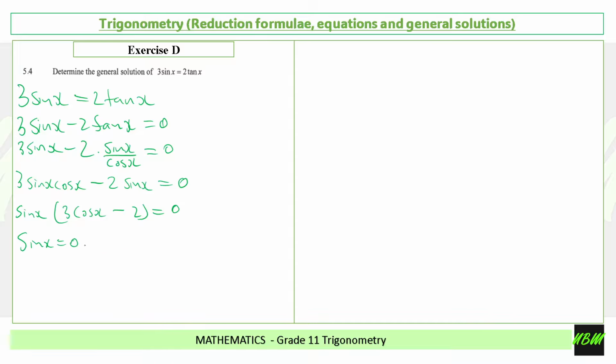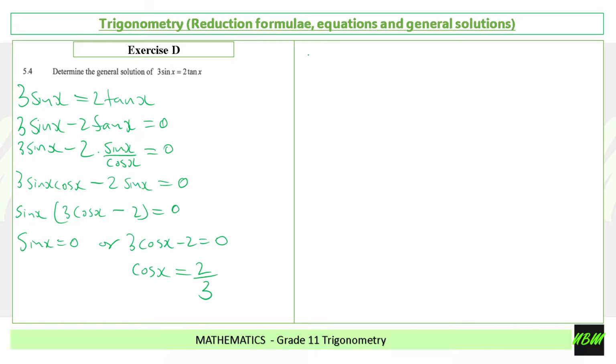Sine x is equal to 0, or 3 cos x minus 2 equals to 0. Then simplifying the second equation by isolating the trig ratio, we get cos x is equal to 2 over 3. So now for the general solutions.